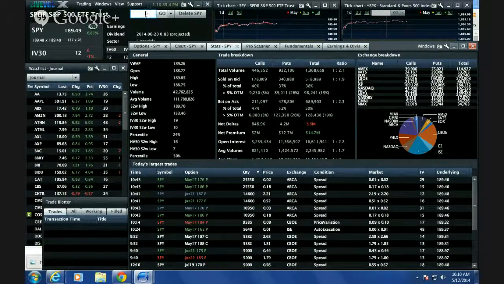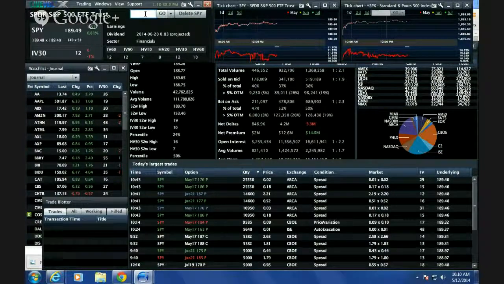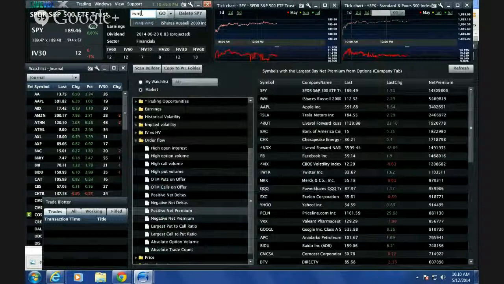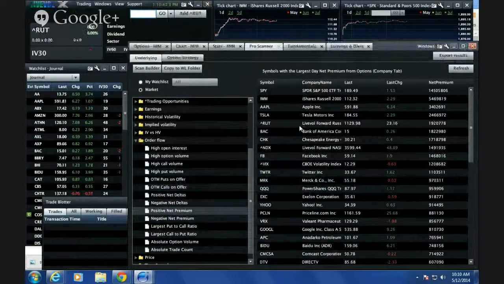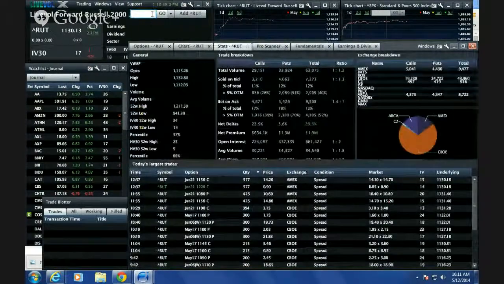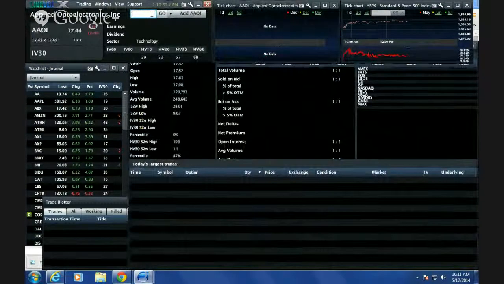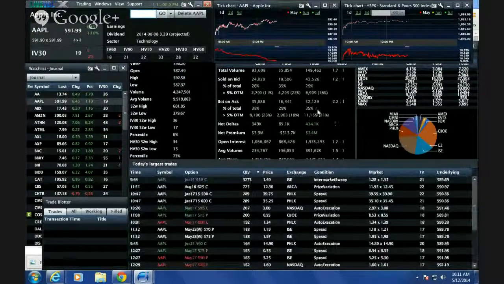But you can see the other stocks that are on this list as well. Let me actually go to them. IWM, which we saw. But Apple as well. So there's Apple, net premium positive and net delta positive.